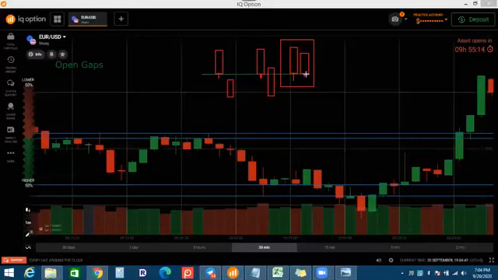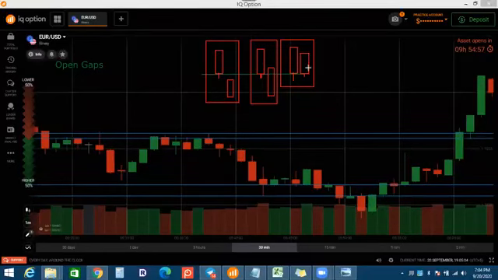So this is the only way. When the closing price and opening price are the same, then the market can move up. Otherwise, if there is an open gap down or open gap up, there are 90% chances they will break. Only 10% chances they will reverse. But 90% chances they can break this support and resistance.